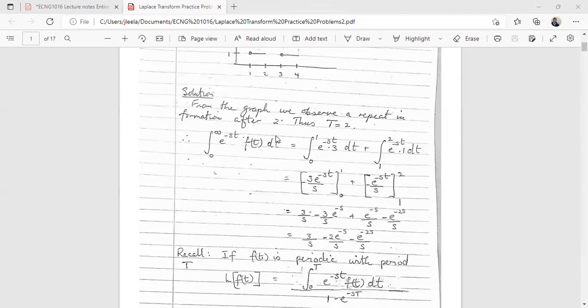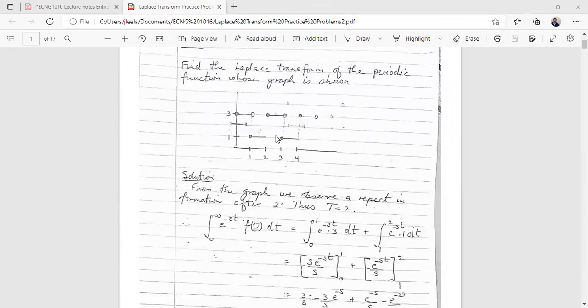So if we look at the definition, right, of the Laplace, you take the limit, the integral between infinity and 0, e to the minus st of the function f(t). Now, we know that this function is piecewise, right? Because between 0 and 1, it's defined to be something, and between 1 and 2, it's defined to be something else, right?